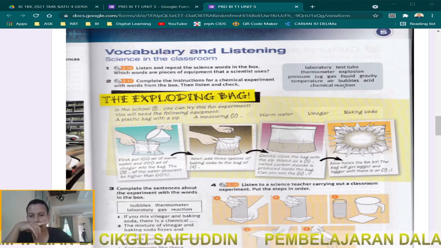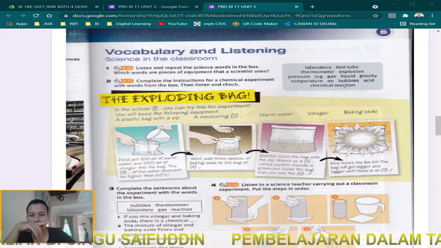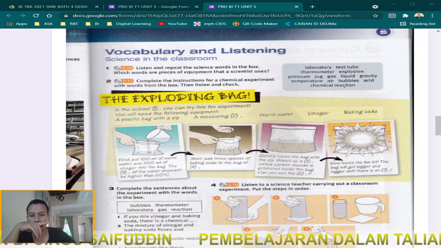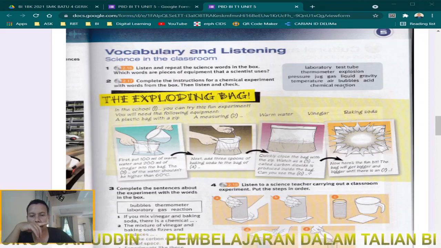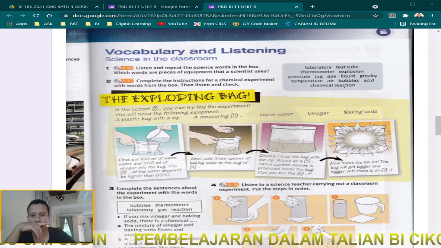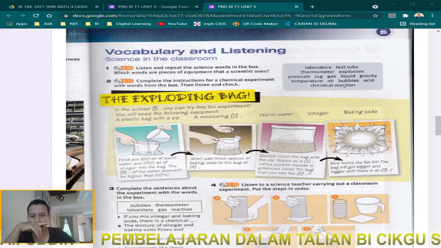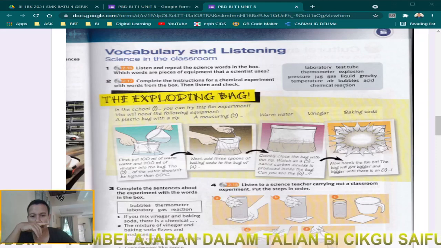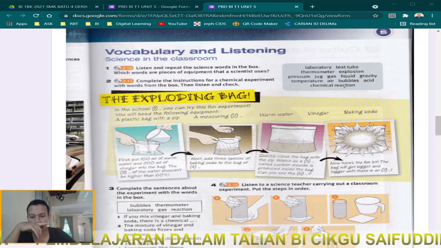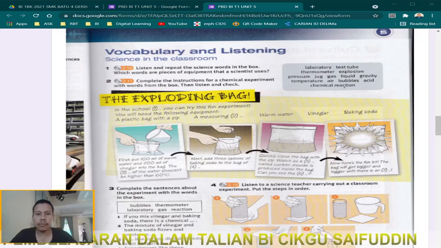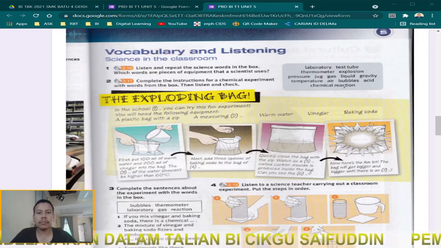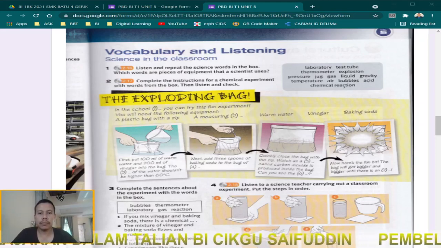Quickly close the bag with the zip. Watch as a gas called carbon dioxide is produced inside the bag. Can you see the bubbles? Now, here's the fun bit. The bag will get bigger and bigger until there is an explosion.